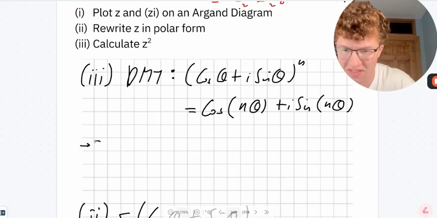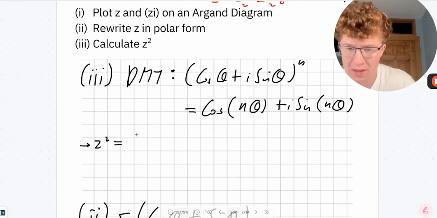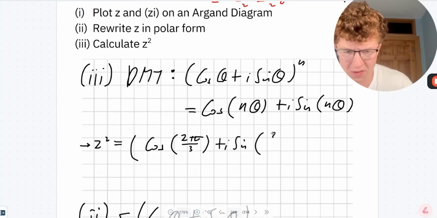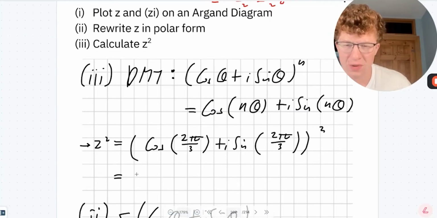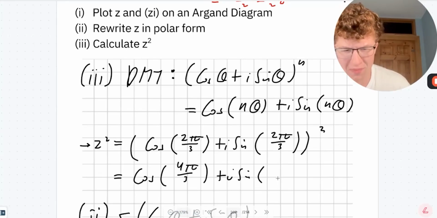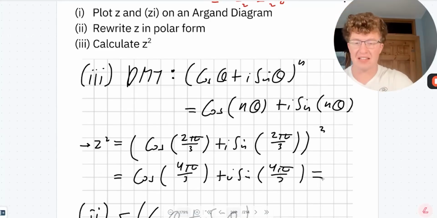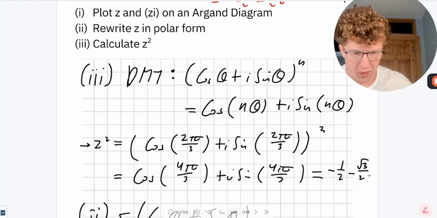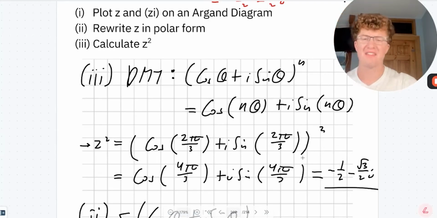So that means that z squared is going to be cosine of 2 pi over 3 plus i sine of 2 pi over 3, all squared. That's equal to cosine of 4 pi over 3 plus i sine of 4 pi over 3. And if you just throw that into your calculator, you should get minus root 3 over 2 i, like that. That's that question done.